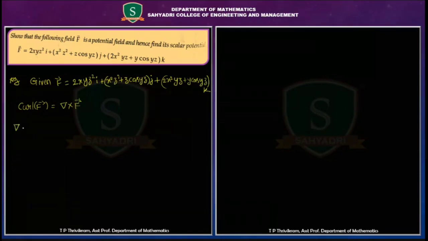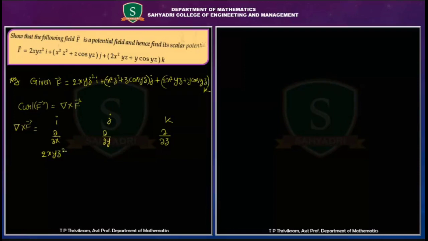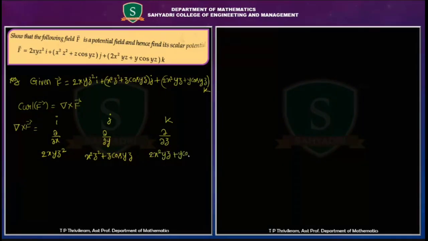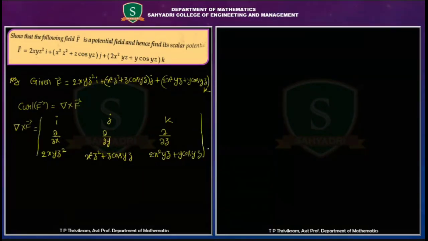So del cross F I will find now, is equal to the determinant with i j k, dou by dou x, dou by dou y, dou by dou z, then 2xyz square, next x square z square plus z cos yz, next x square yz plus y cos yz. So this determinant we need to find.